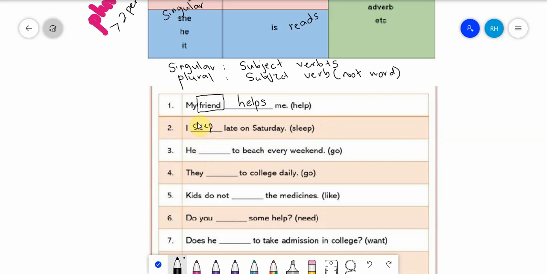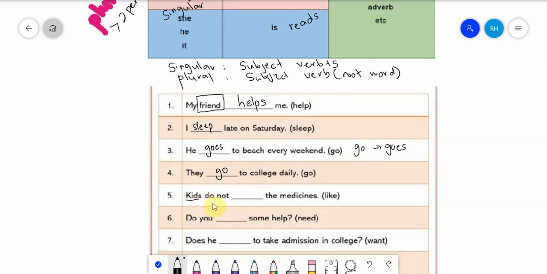He is singular, so the go must add s. In this case, go becomes goes. They is plural. The answer is go.